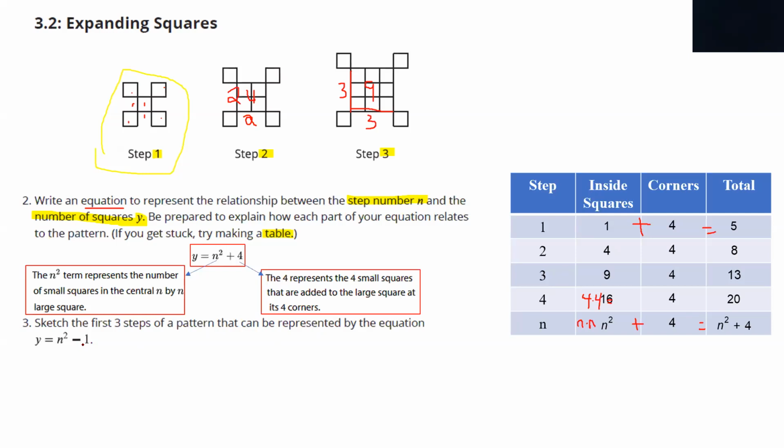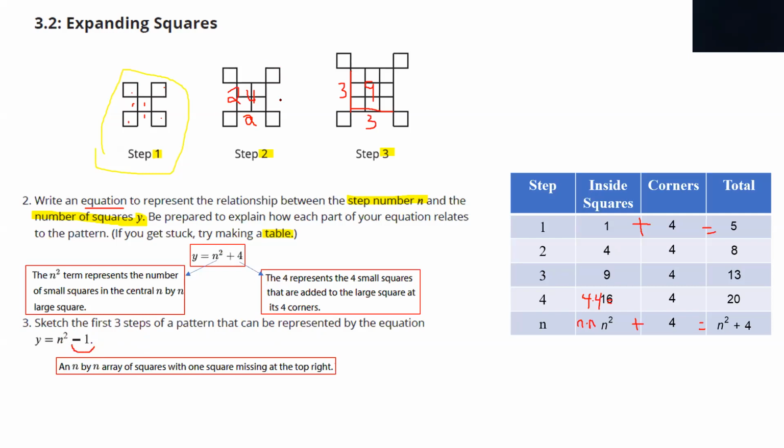Okay, so now that we're back, in this problem, we know that N squared represents the inside squares, and this minus 1 represents how many squares were taken away.